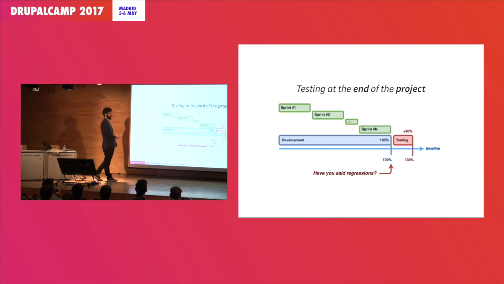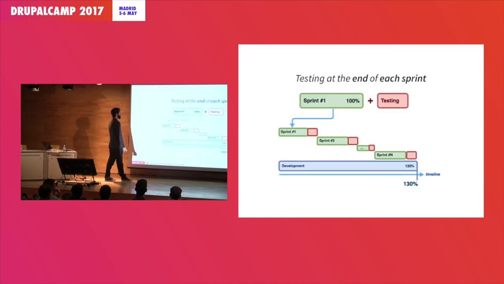Or maybe because the contract says that we need to provide tests. So let's start adding new tests. This is a very big problem because we are just adding more hours to the project. Maybe the client is not going to pay for those hours, and there's no real benefit. Okay?